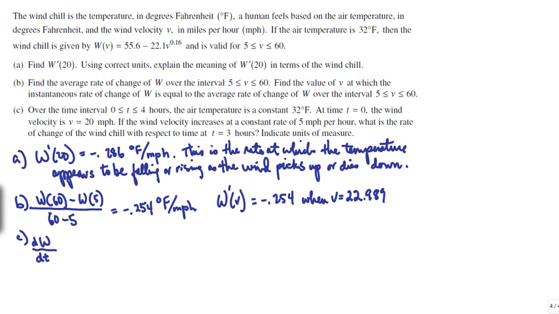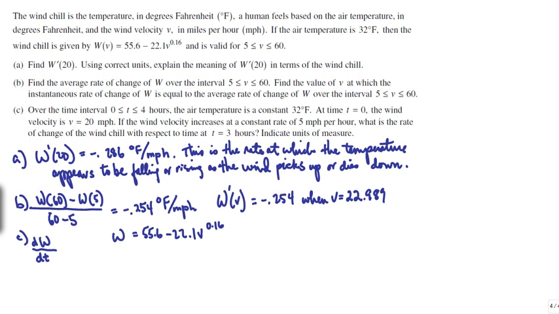So if we have w is equal to 55.6 minus 22.1, and if you recall, I want to try to do this without using the calculator, but I may not be able to. So let's state it this way.